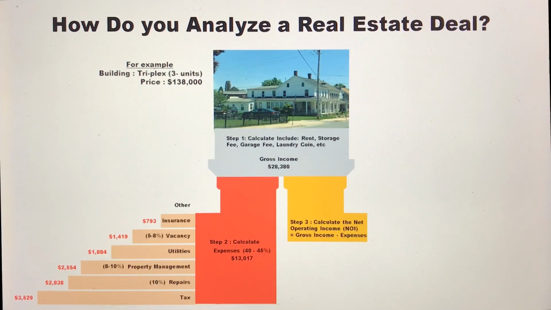It's very important. So in this case, $28,380 minus $13,017. When you subtract that, you get $15,363. So the NOI is the most important number. In this case, it's about $15,363.